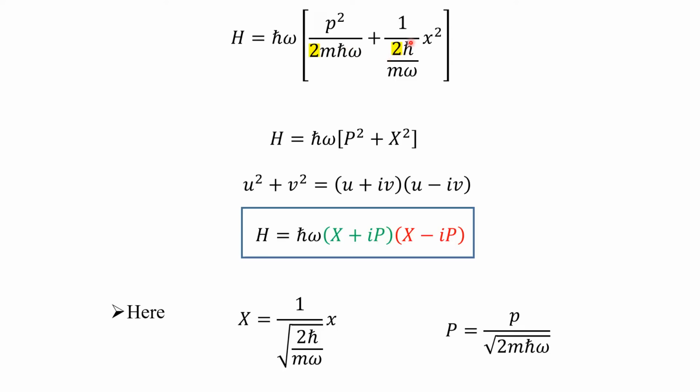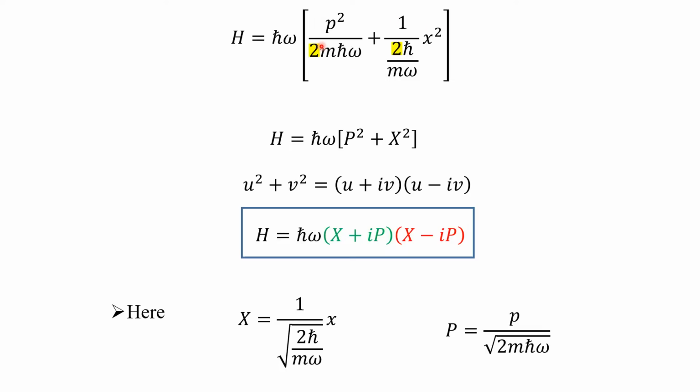Interestingly, in the second term, the dimension of h cross divided by m omega is length squared. Here you have x squared, length squared. So the second term is also a dimensionless quantity.